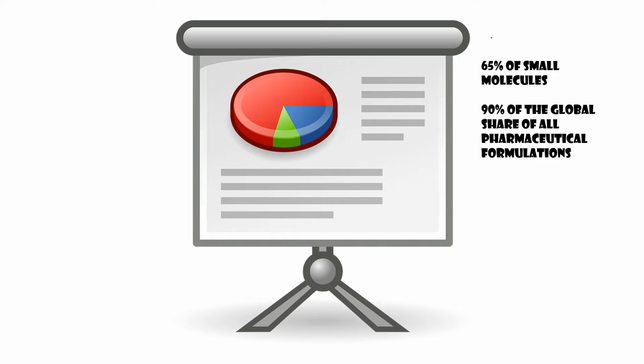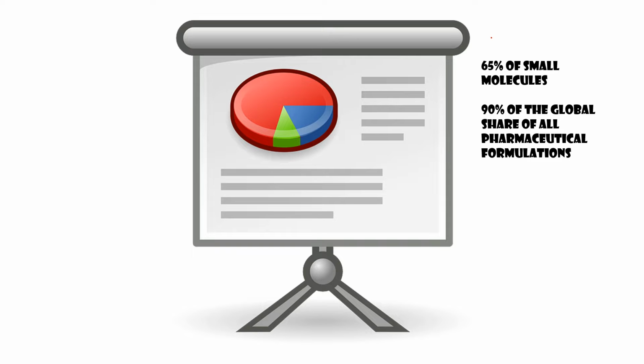When we're talking about small molecules, we are referring to your paracetamols, your ibuprofen. The active ingredients themselves are usually small molecules because of the size of the molecule. But if you're talking about large molecules, then you're referring to peptides and proteins.